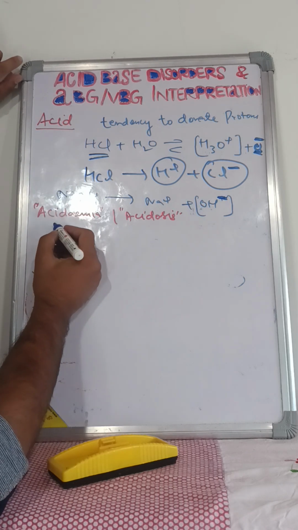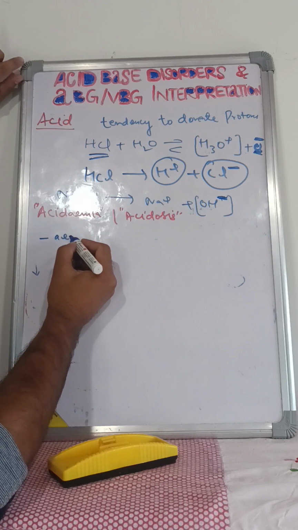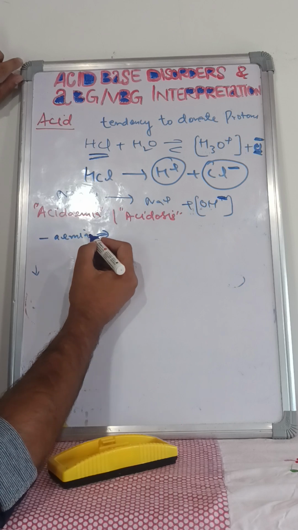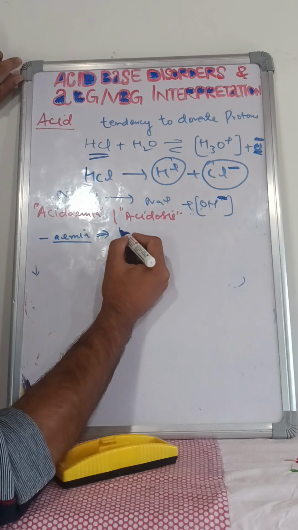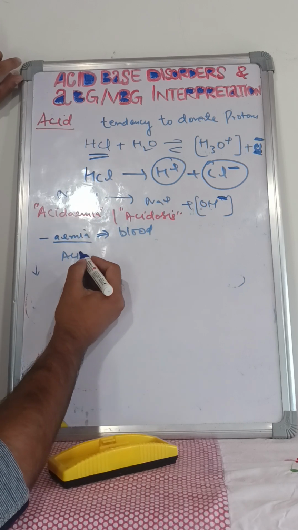Actually, acidemia, whenever you see this suffix emia, emia means blood. So acidemia means acid blood.